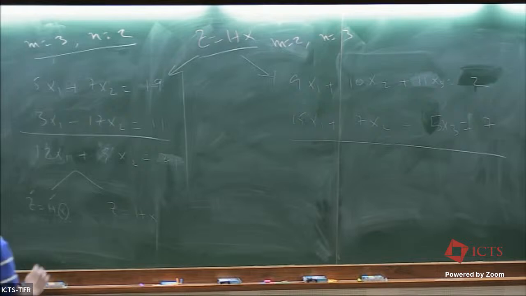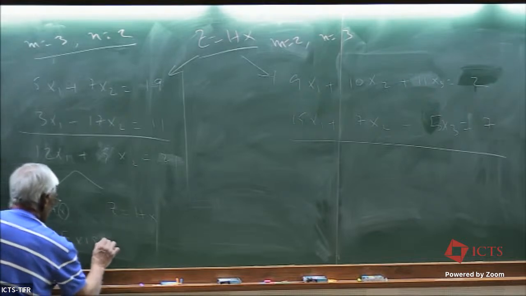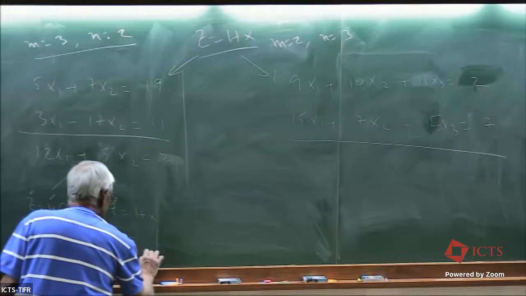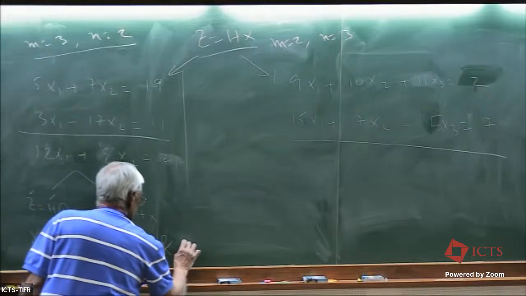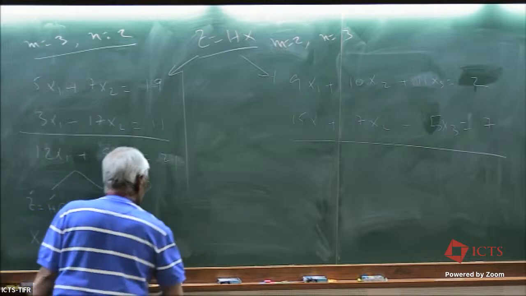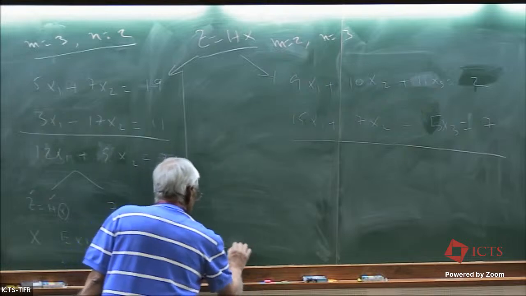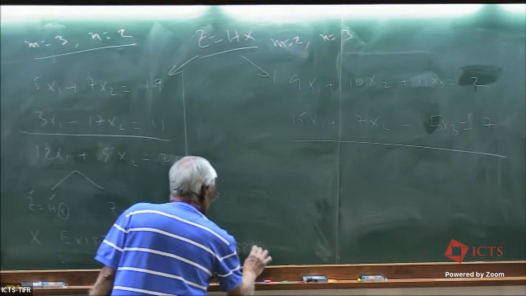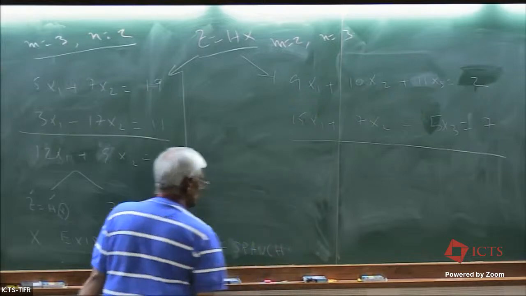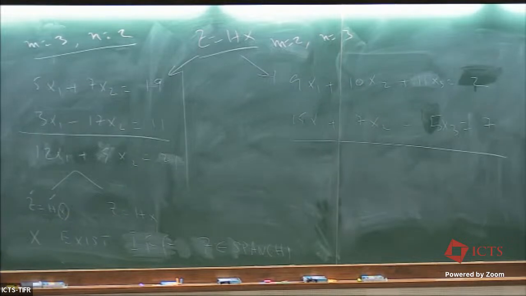So x exists if and only if z belongs to the span of h, which is a shortened version for the space spanned by the columns of h. You remember my friend said may or may not.